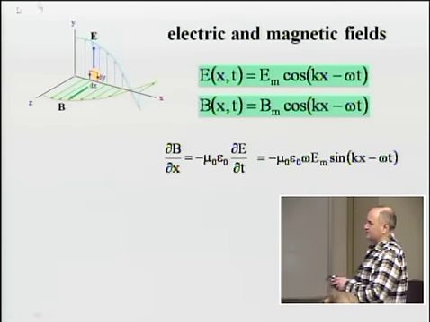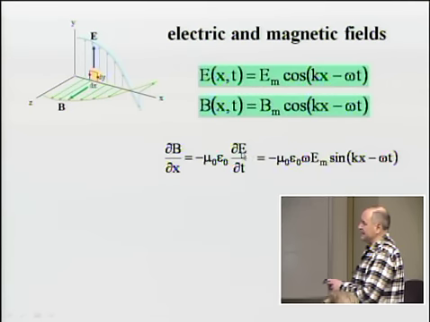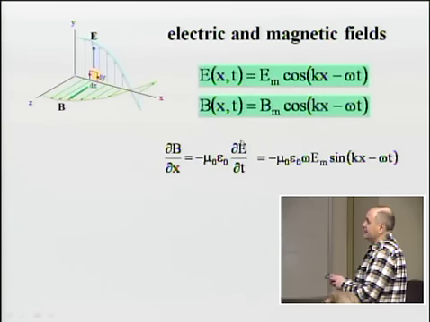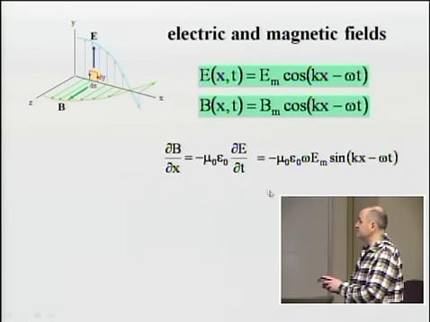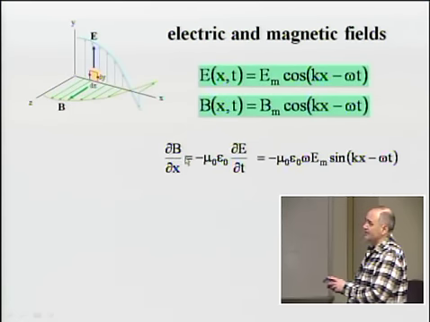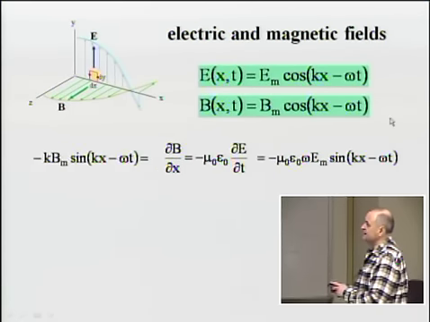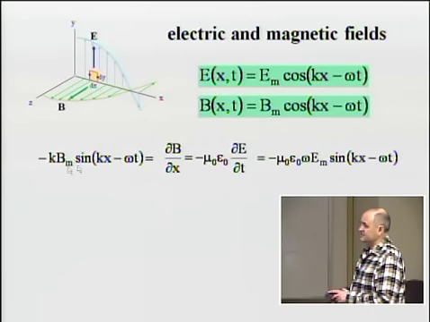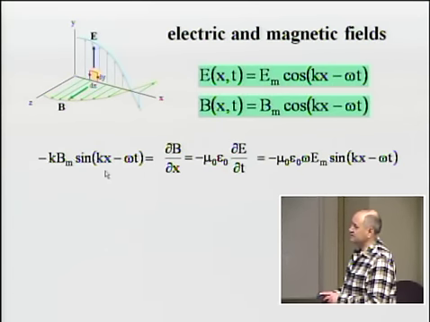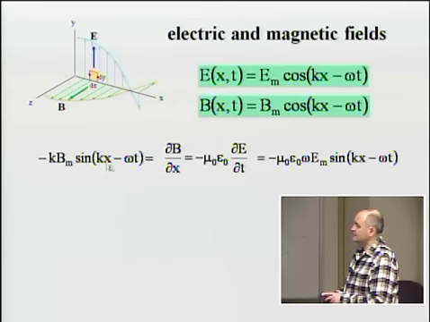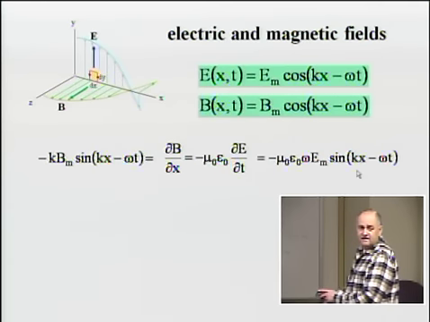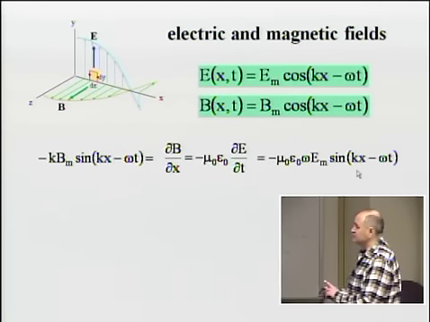Just taking one of those, and I can plug in on one side electric field, and if I calculate derivative of electric field with respect to time and multiply by permittivity and permeability of free space, I will get such an expression. And on the other side, I have to calculate derivative of magnetic field, which means I'm going to get expression like this. Now I have sine on this side and sine of this on this side of the same expression.